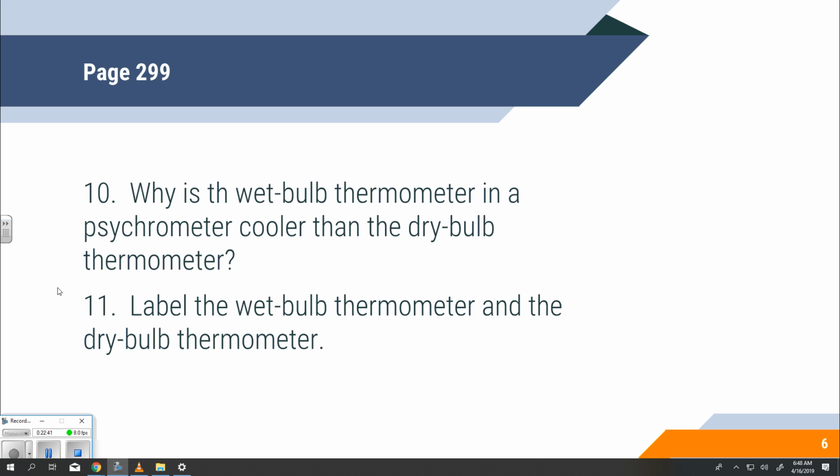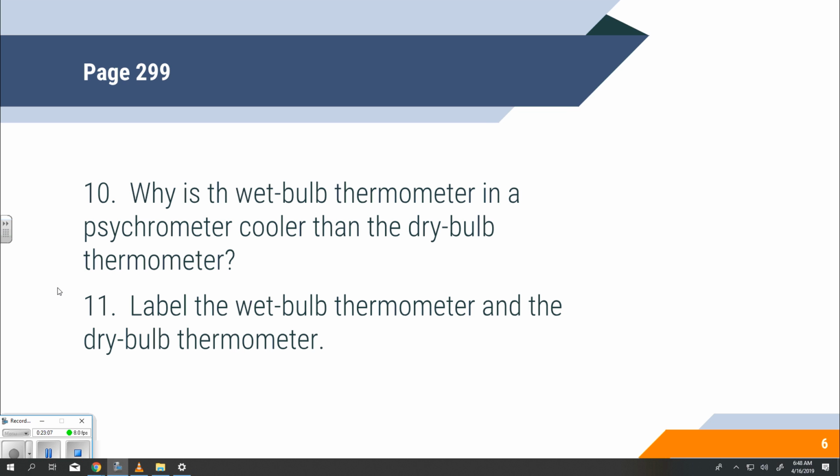As air passes through the wet bulb thermometer, some water in the cloth evaporates. Evaporation requires energy, so heat energy is released and the cloth cools. The wet bulb thermometer shows the cloth's temperature.